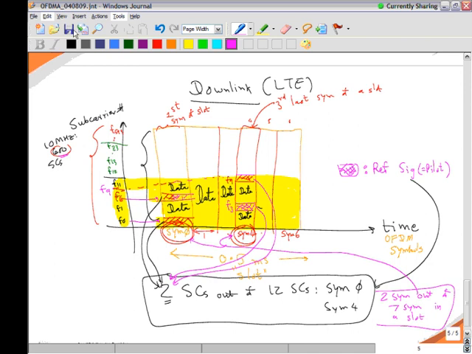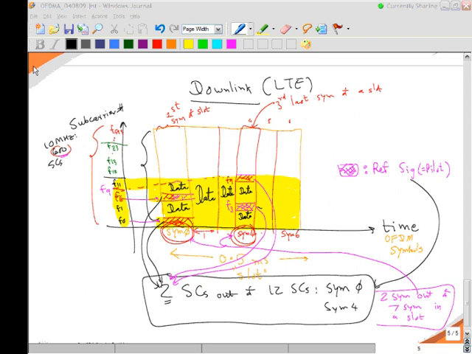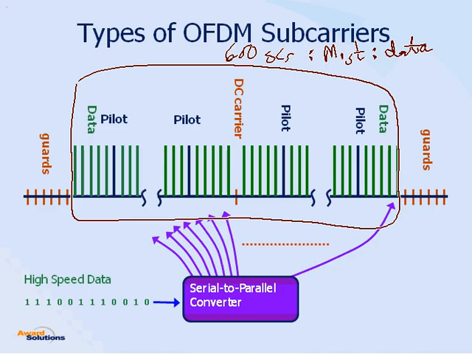So hopefully this gives you a very accurate idea of where the reference signal is. So this is for the downlink. Okay, so hopefully that should clarify. Excellent. Thank you for the question.